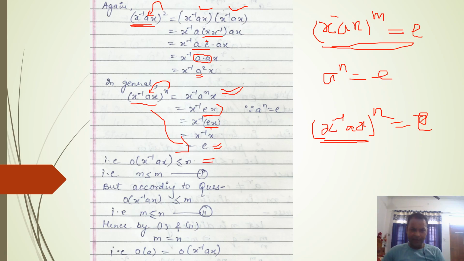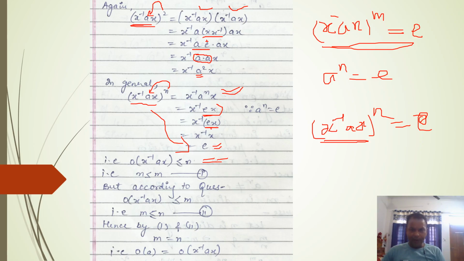This is the mathematical way to write the order of an element. Every other power which gives the identity will be greater than or equal to the order, because for an element, the order is the least number which gives the identity on applying it. Any other power that gives the identity will be divisible by the order.